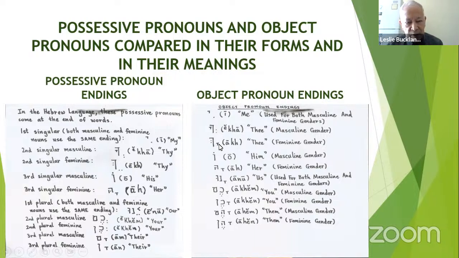Second person singular feminine gender is ak, which is thee. Third person singular masculine is o, which is his. Third person singular masculine gender is o, which is him. Third person singular feminine gender is a, which is her. Third person singular feminine gender, a, is her also.